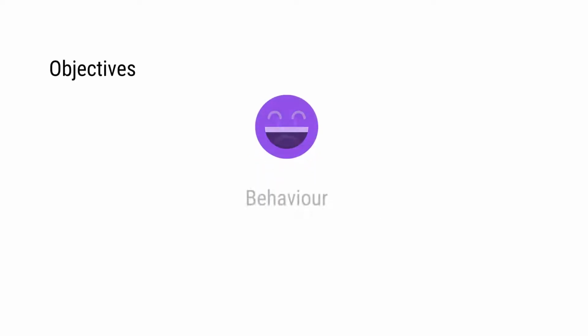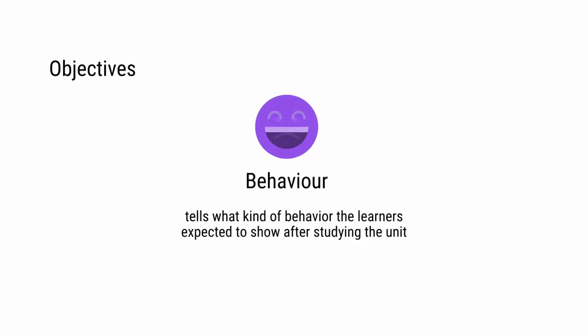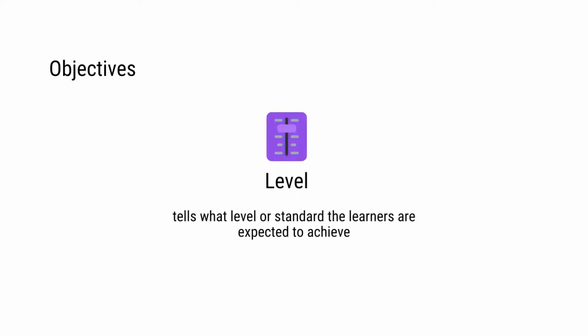Then we have the behavior part, what kind of behavior they are expected to show after studying the unit. And third, we have the level part, the standard part, what kind of level the learners are going to achieve after studying the unit. Now this is the beginning of the unit.